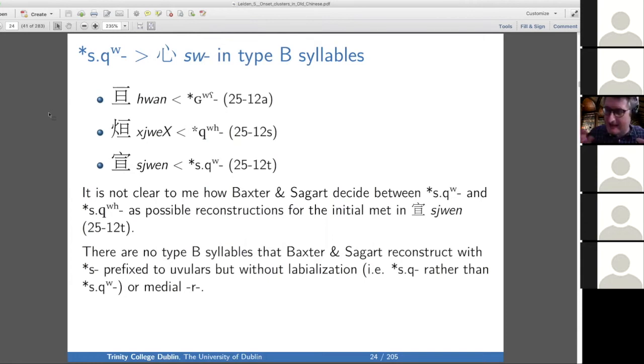So we don't get any, as far as I can tell, in the 2014 book, we don't get any SQs without a W or a medial R. And I just think it's a pattern I noticed. Maybe it's totally meaningless, but I think we need to be on our toes for these sorts of phonotactic holes and wonder whether they point to maybe problems in their analysis.